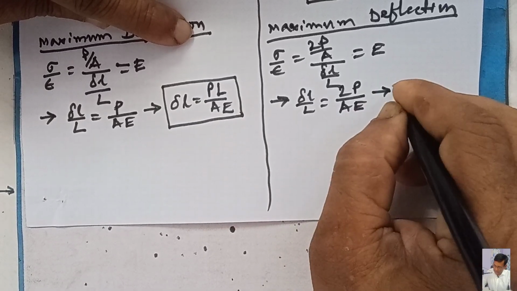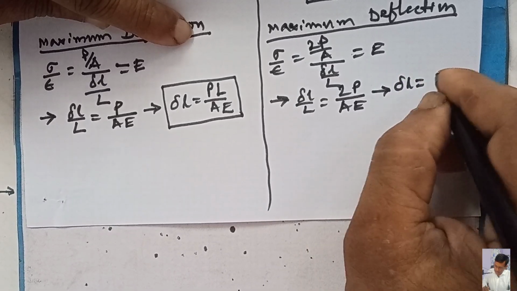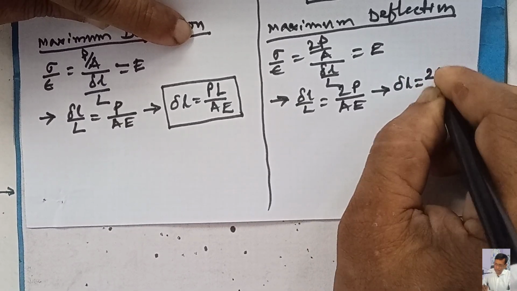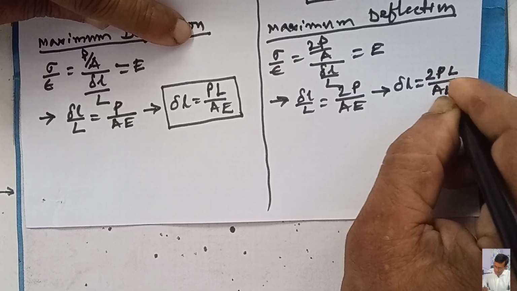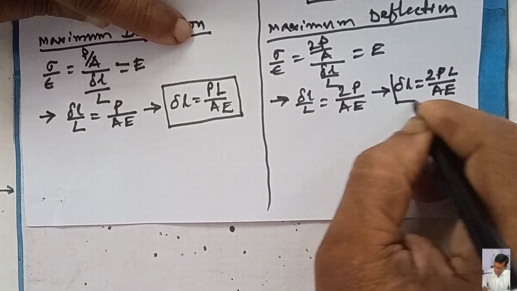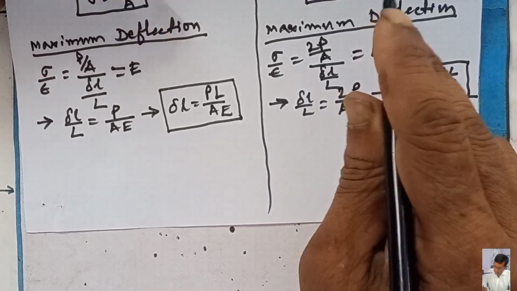And here we get del L is equal to 2PL by AE for sudden loading.